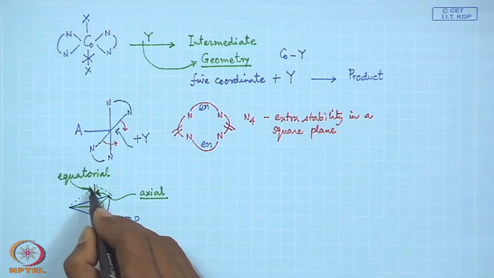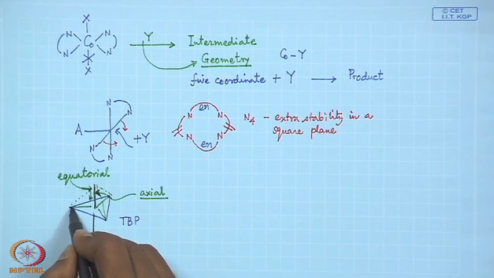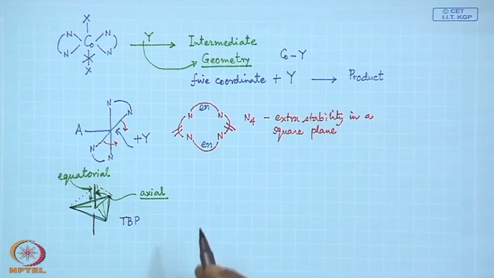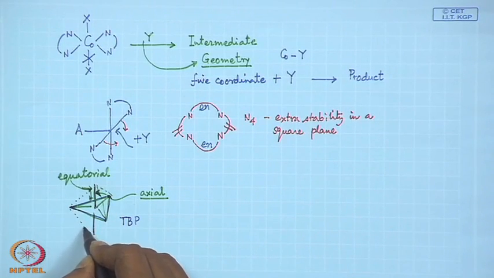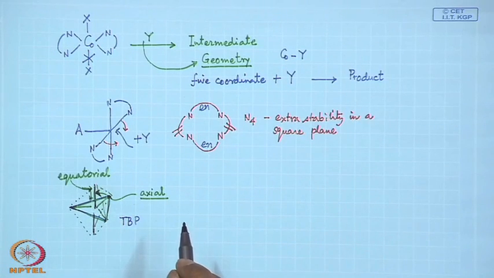Which is in the axis, that means which is in the perpendicular position, is axial, and in the plane, that means the basal plane we have, they are the equatorial. Similarly, on the other side we have another axial bond on the other side of the trigonal bipyramid.